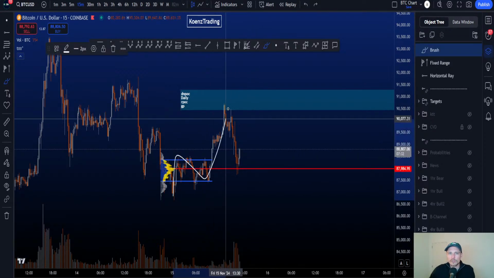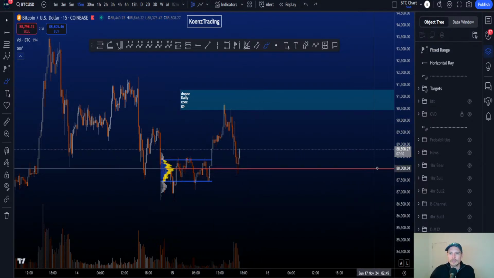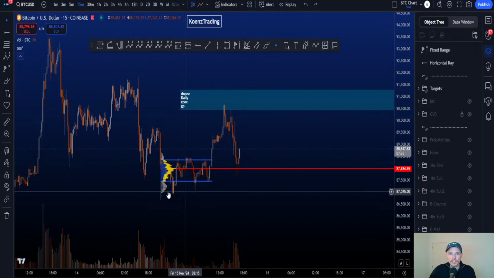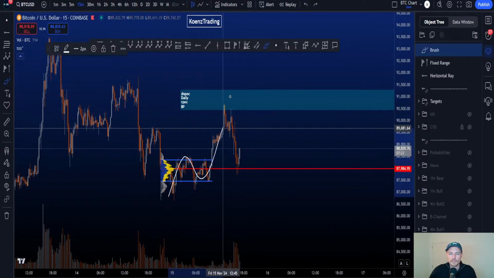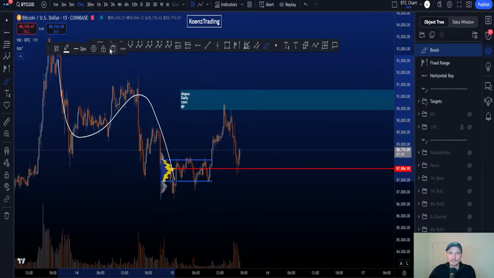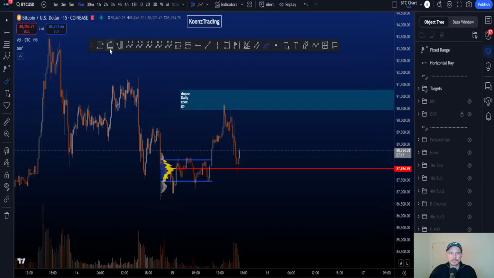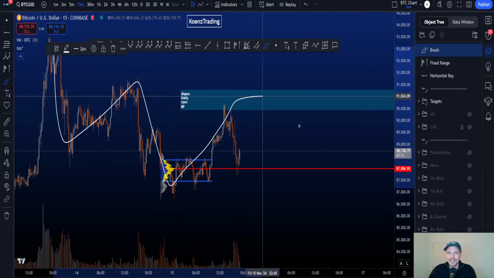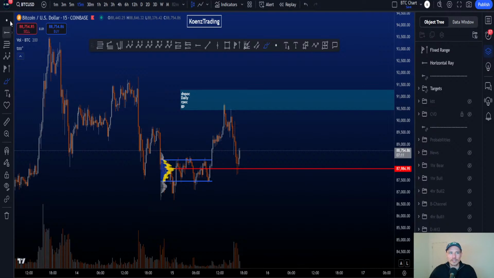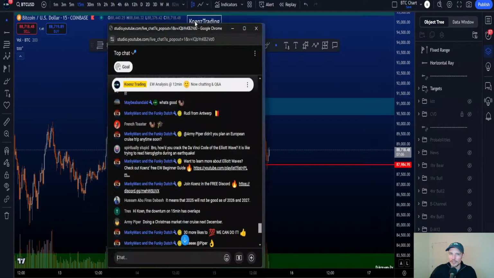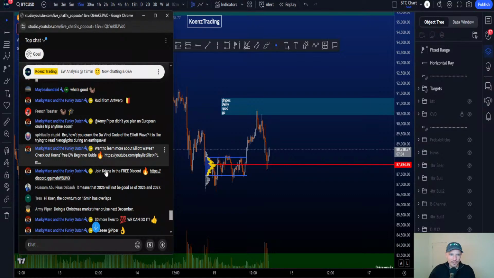But counting 1-2, 1-2 here is lower probabilities because of the size of the second one. So this looks better as a 3-wave structure. And of course this one here as well at the moment. Most bearish, by the way, would be 1-2, 1-2 and then 3. But I've done the analysis earlier, of course.